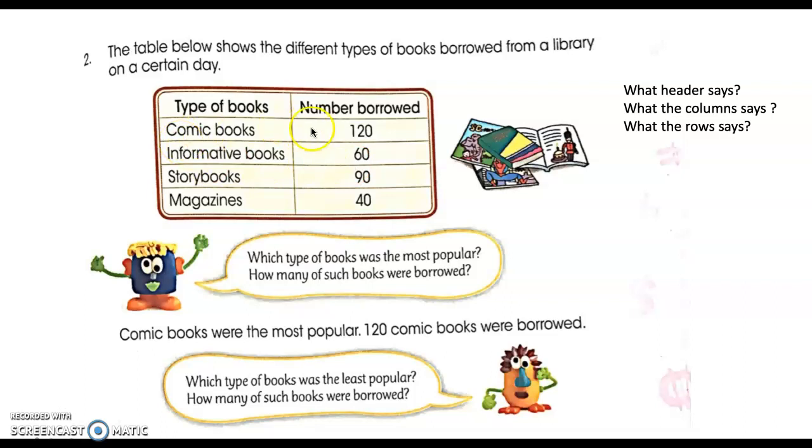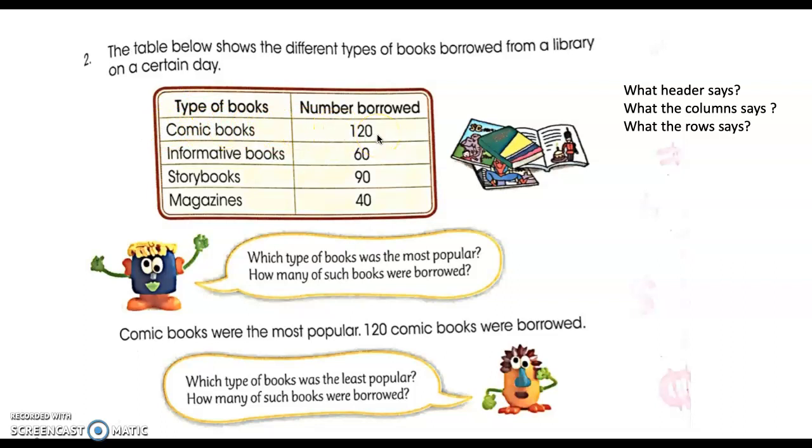So we know the more number borrowed will be the most popular, right? Borrowed means the books taken from library. So there are 120 books taken from the library which are comic books. So the most popular among the students is comic books.